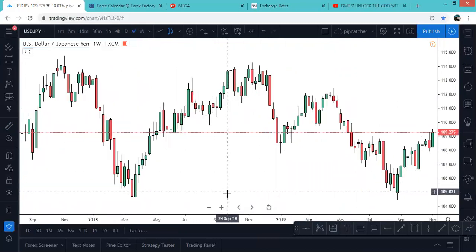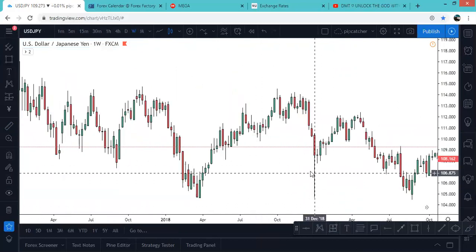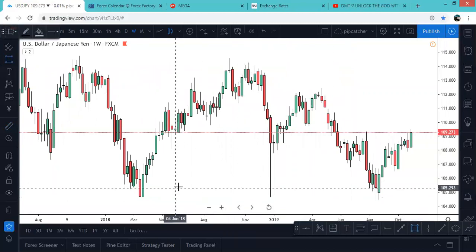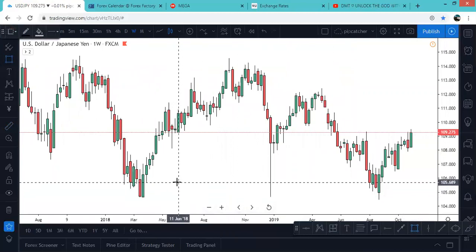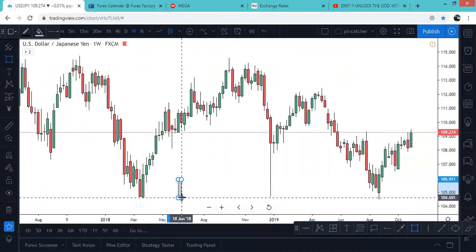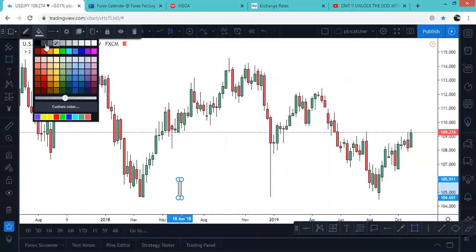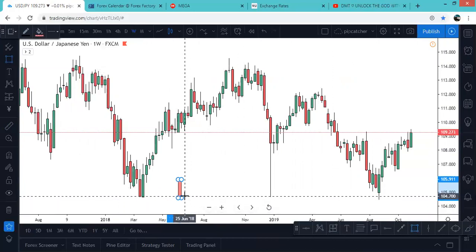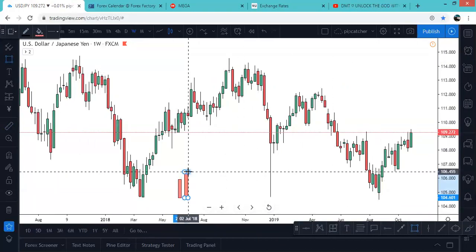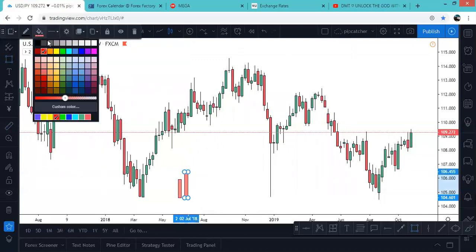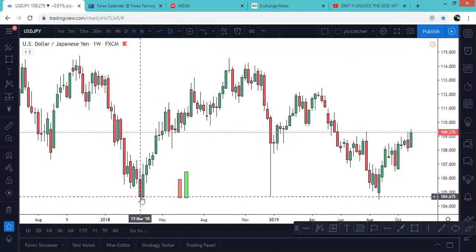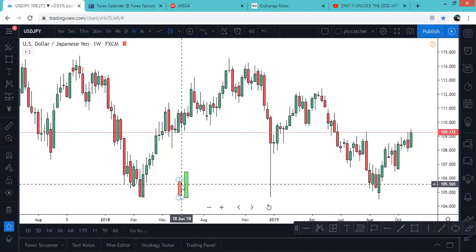So here's another one right here. This time it's a bullish engulfing, right? So we have that last down candle, and then we have this up move. Down here, look, this last down candle, then this up move.